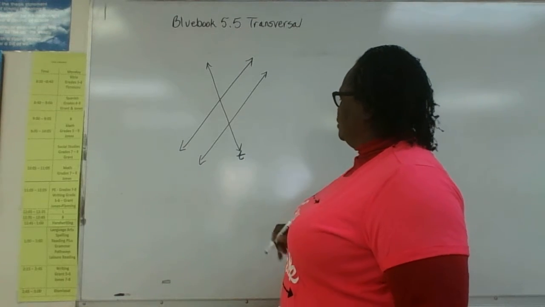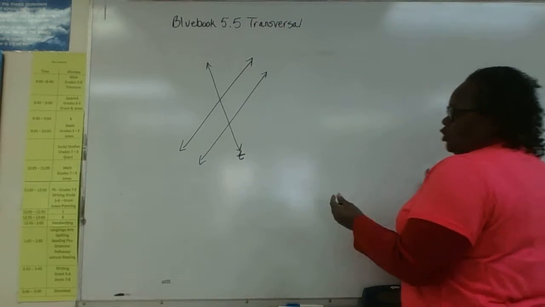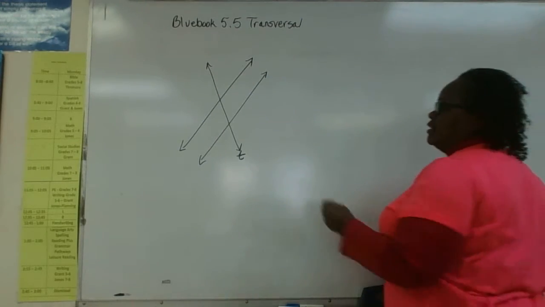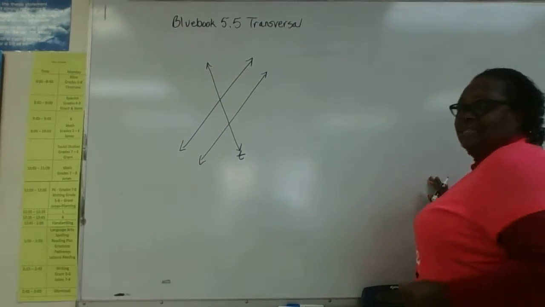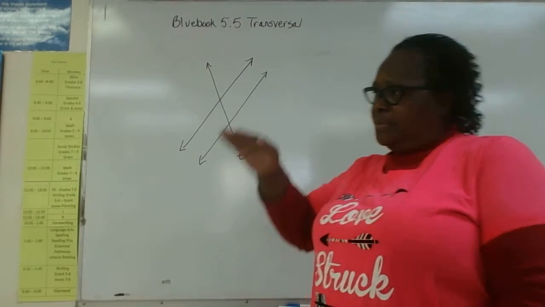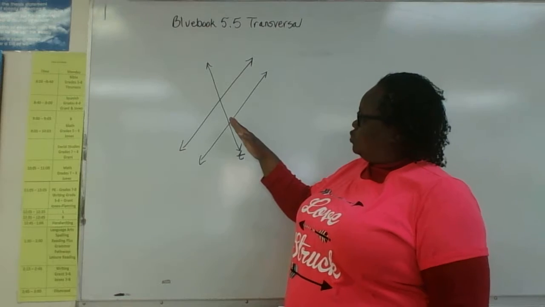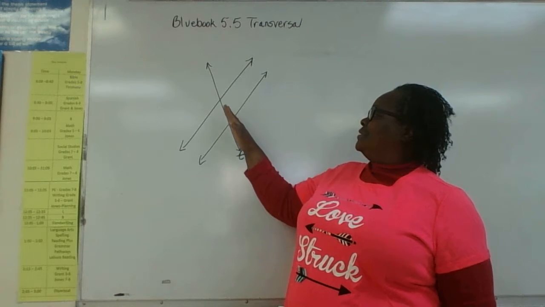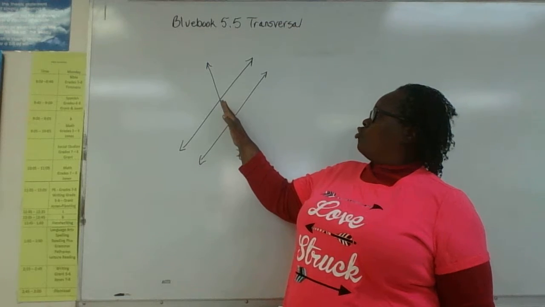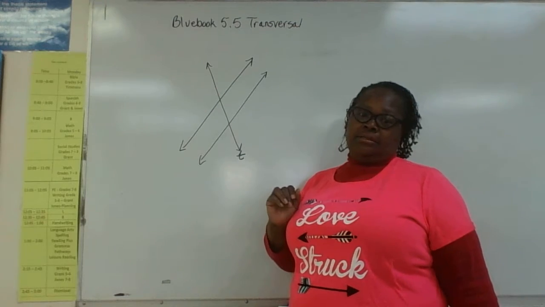We're going to identify it as T. When it intersects with parallel lines, it intersects the parallel lines at exactly the same angle. That means it comes in like a rocket ship, and if it hits just right, it cuts the line at the same angle across both lines.